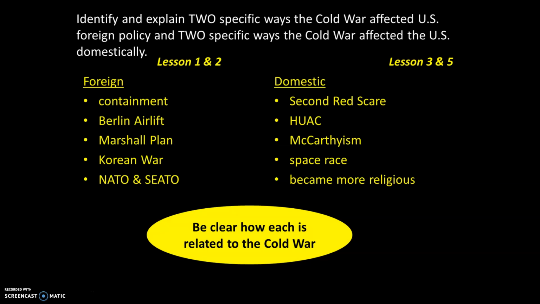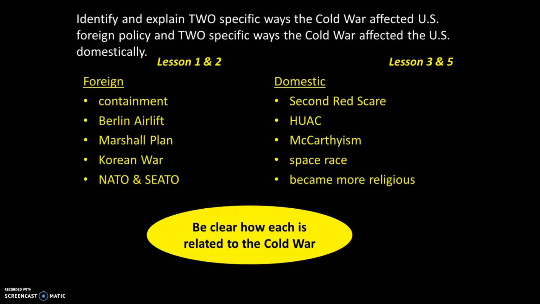Be sure then with each of these 4 that you are clear how it is related to the Cold War. So just saying Americans became more religious, for example, is only telling me or identifying a change. What I also need is to understand how it's related to the Cold War. So communism was usually very specifically atheistic.